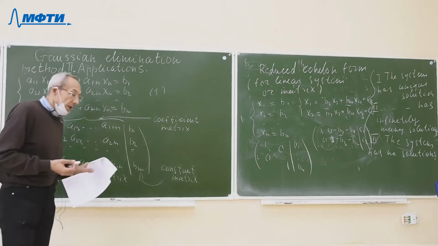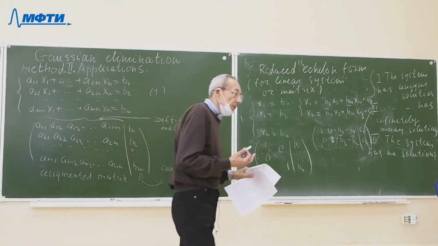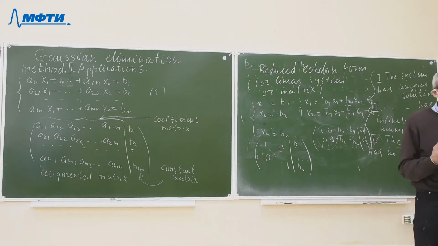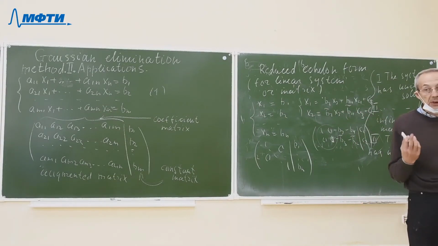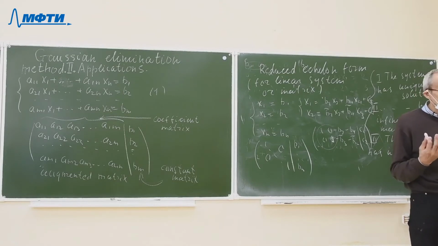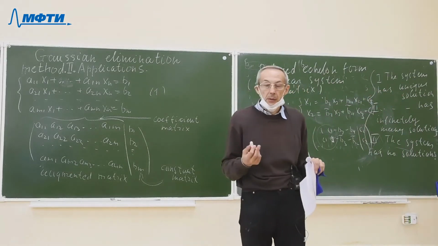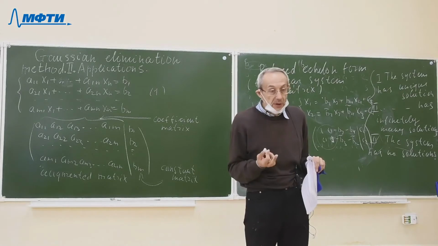If we have two linear systems which have the same solution, we say in this case that these two linear systems are equivalent, in the sense that they have the same solutions. This solution can be a unique solution.